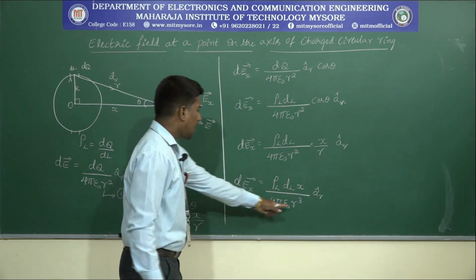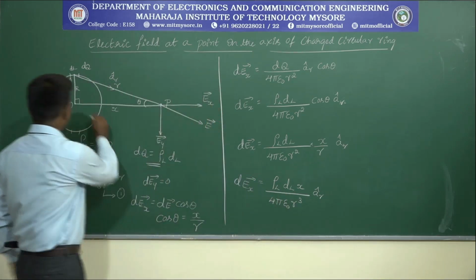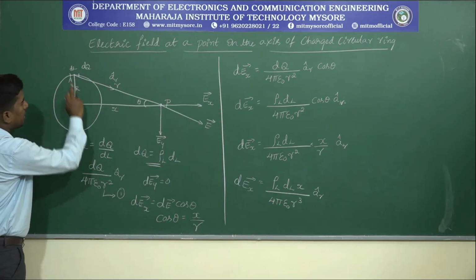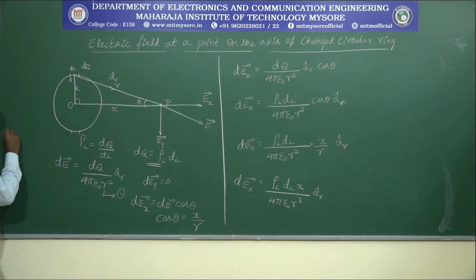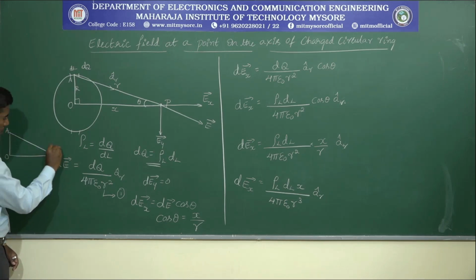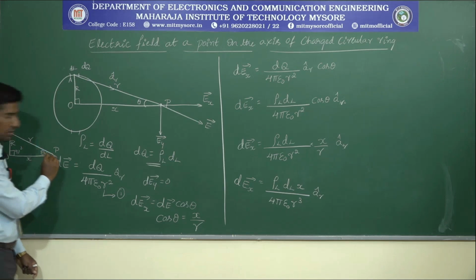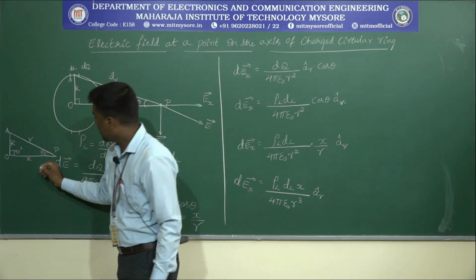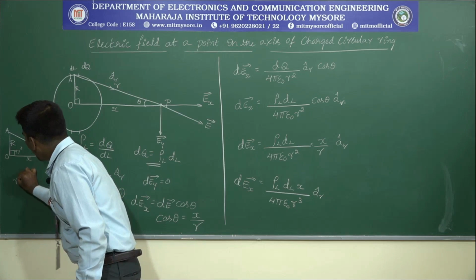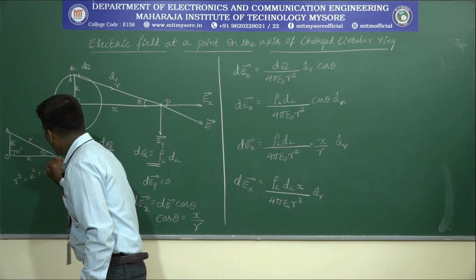Then what is r? r can be represented in this fashion. If we consider the same right angle triangle AOP, this is theta and this is 90 degrees, then this distance is r, this is capital R and this is x. According to Pythagoras theorem, hypotenuse square is equal to r square plus x square.